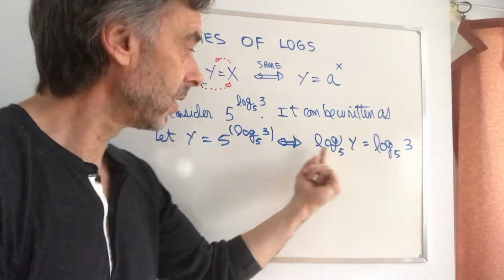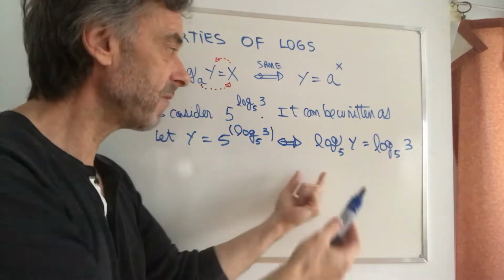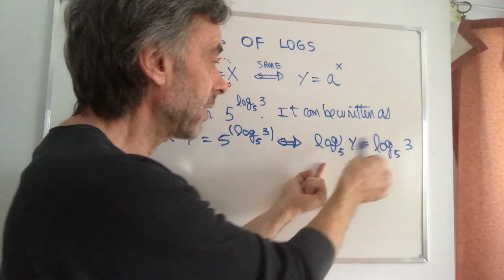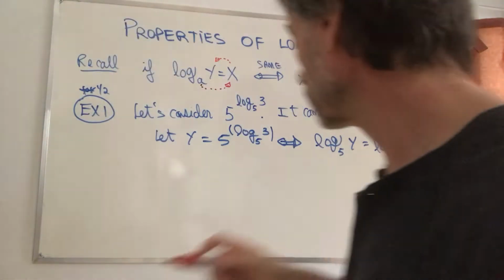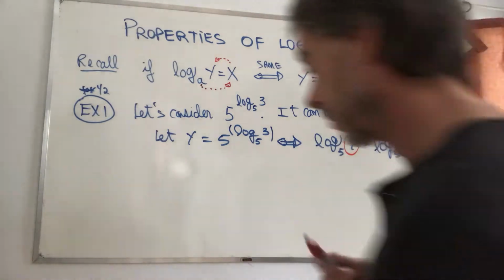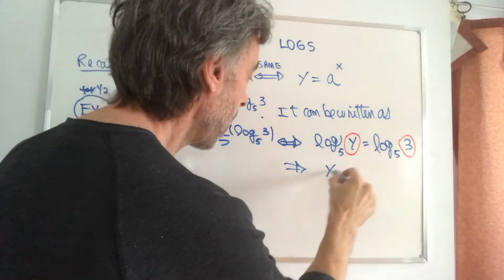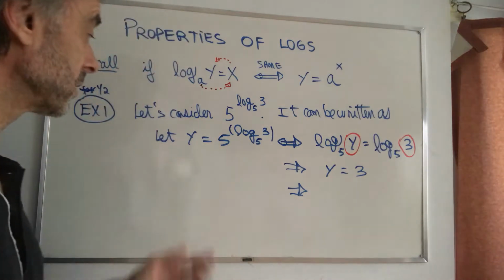So comparing log of y with log of 3, both base 5, it's like I could cancel the logs, in a certain way. Log of something equals log of something. The inside of the logs, which are here and here, should be the same. So it follows that y is equal to 3, and y was what?